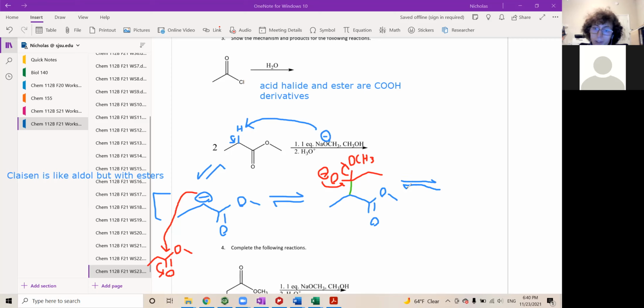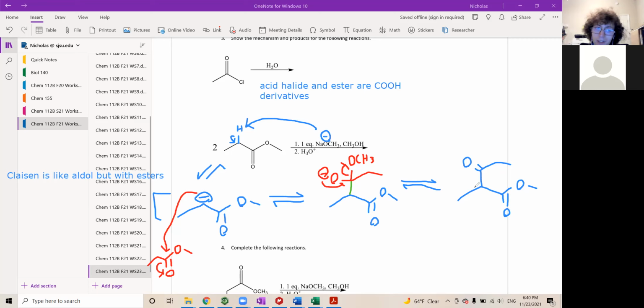And remember, if we were doing aldol, we would have protonated that alkoxide because we couldn't reform a carbonyl. But here we can because we have a leaving group. So that's the big difference between aldol and Claisen. And then you end up with a ketone.